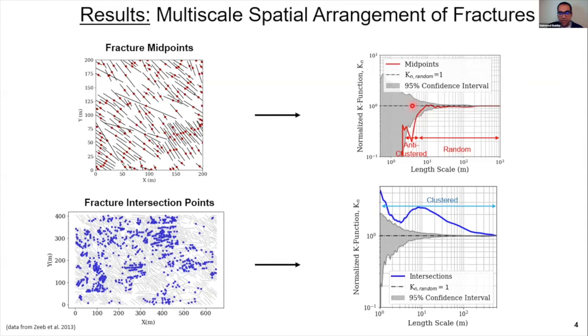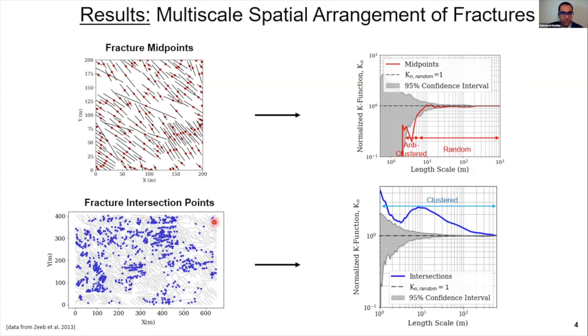But if it falls outside of the shaded region, then the spatial organization is statistically significant. For example, for the fracture midpoints at length scales less than 5 meters, you can see that the red line falls outside of the shaded region, so the distribution is anti-clustered. At other length scales, it's inside the shaded region, so it's random.